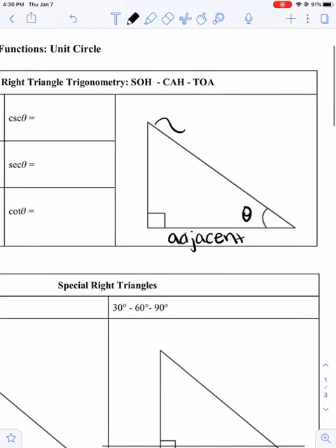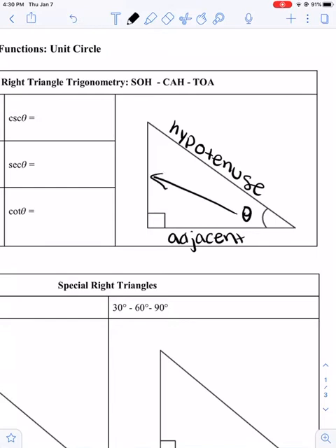This side here, across from the right angle, always across from the right angle, is your hypotenuse. And then across from theta, so the angle you're looking at, is your opposite side.